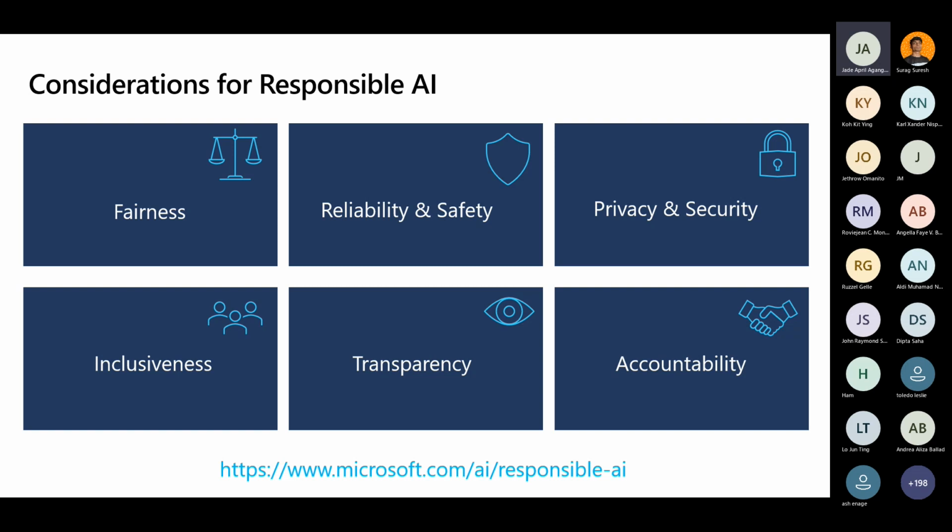And accountability, as I said, the end users might have found issues in the app, and the developers will be able to be accountable for whatever concerns there are. So we should always remember the considerations for responsible AI, and these are the six very important rules that we must follow.